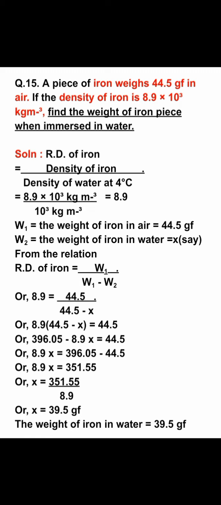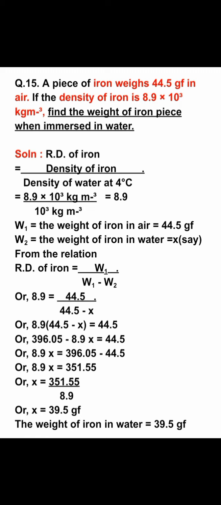Now the weight of iron in air is 44.5 gf, which is given. Let it be W1. We have to find the weight of the iron piece in water, so let W2 equal the weight of iron in water and let it be X. From the relation, relative density of iron equals W1 divided by W1 minus W2, substitute the values.